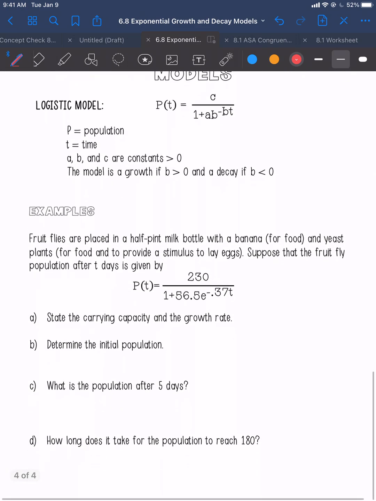So in our example, fruit flies are placed in a half-pint milk bottle with a banana and yeast plants. Suppose that the fruit fly population after T days is given by that logistic model. State the carrying capacity and the growth rate. Alright, so from the original model, C represents the carrying capacity.